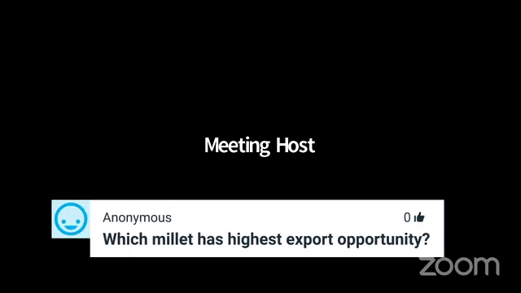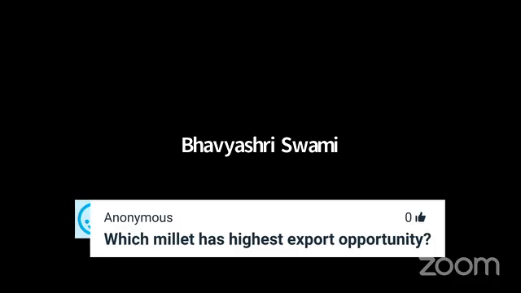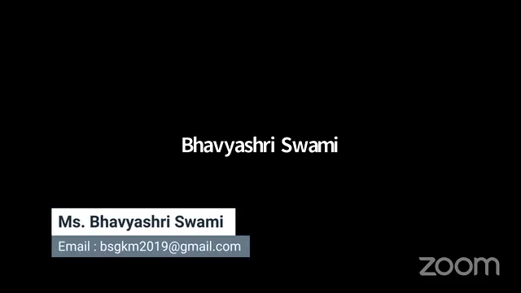Which millet has the highest export opportunity in India? We can't rank them in a sorted way, but three millets are highly exported: sorghum, jowar, pearl millet, bajra, and ragi.